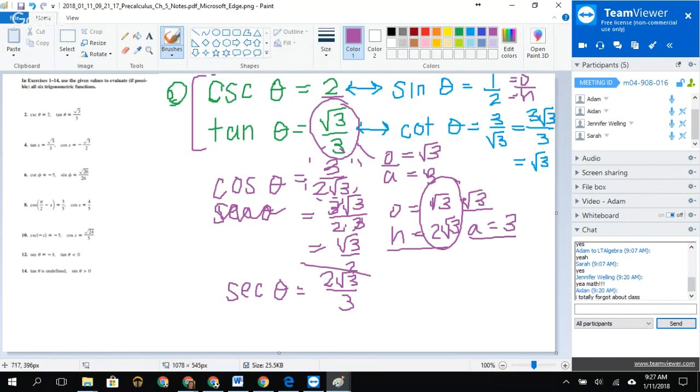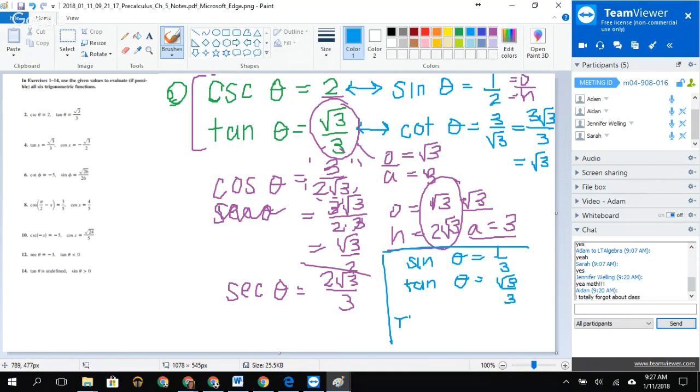As I'm sitting here talking, I'm thinking of another way that I could have done this, and maybe this would be less messy. Way back up here, I knew that my sine of theta equals 1/2, right? I knew my tangent of theta equals the square root of 3 over 3.